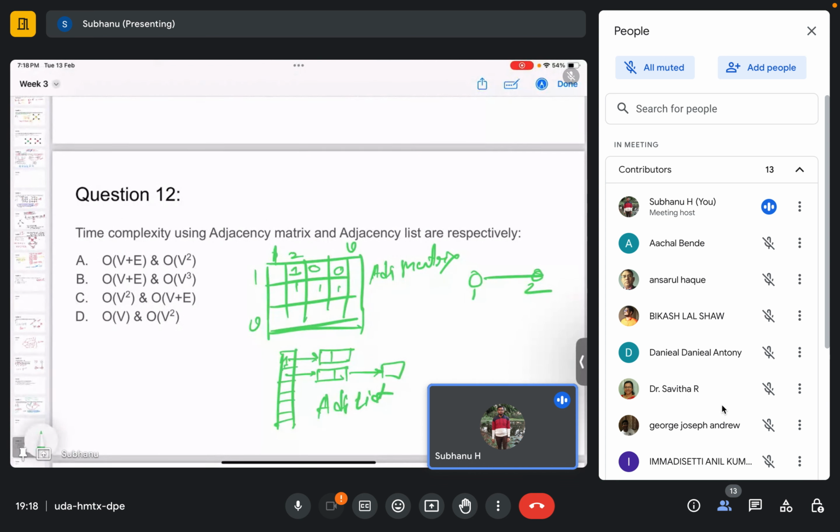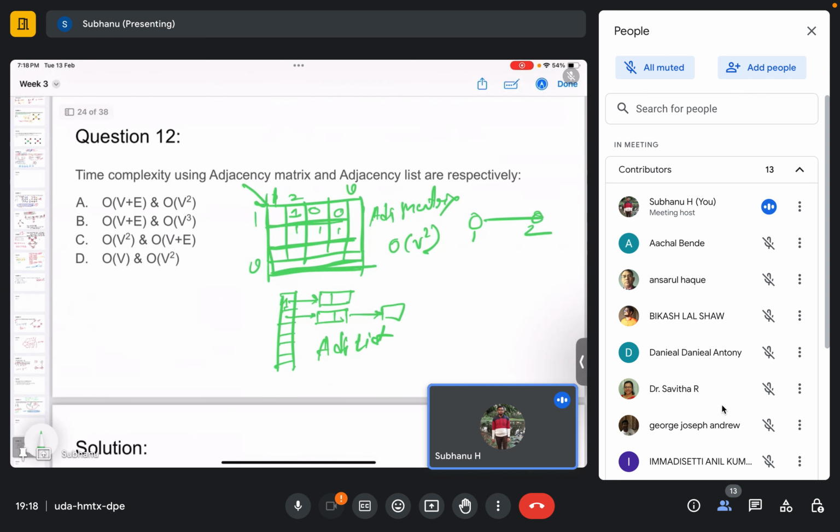So what will be the time complexity using the adjacency matrix and adjacency list? If you use the adjacency matrix, you always have to run over all vertices and go through all the rows, so that is order of V square.